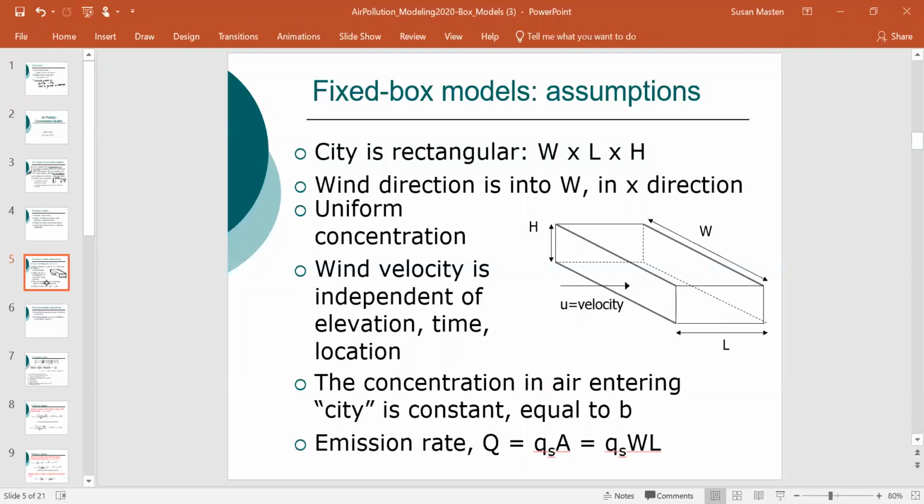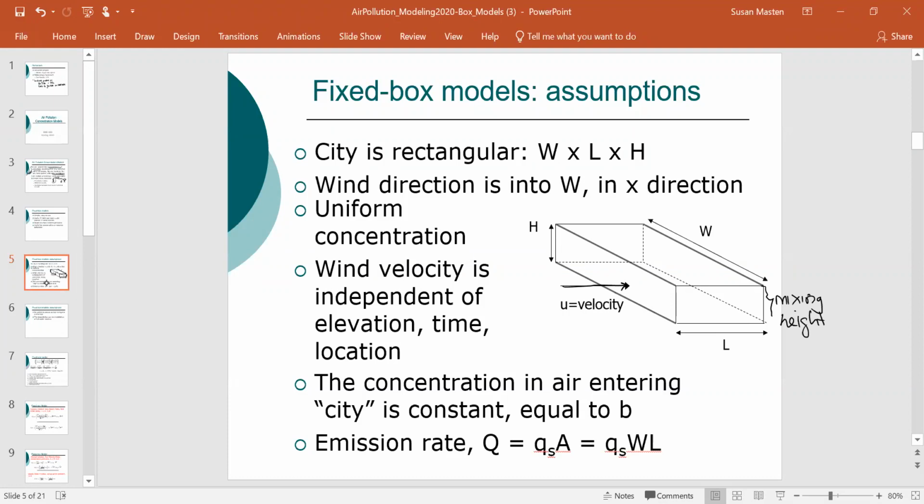So what these models do is we're going to assume that we have some sort of a rectangular box. This height here is our mixing height. So we've talked about the mixing height. We've showed how to determine the mixing height. So that H is our mixing height. We're looking at wind entering along the width.